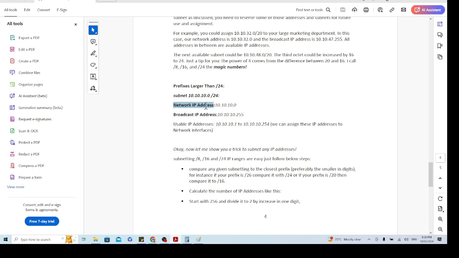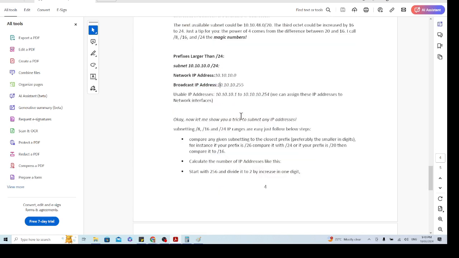So for this one, the network IP address is the first IP address, which is 10.10.10.0, and the broadcast is 10.10.10.255. Whatever is between these two IP addresses are usable IP addresses, and these usable IP addresses are assignable to other network interfaces.